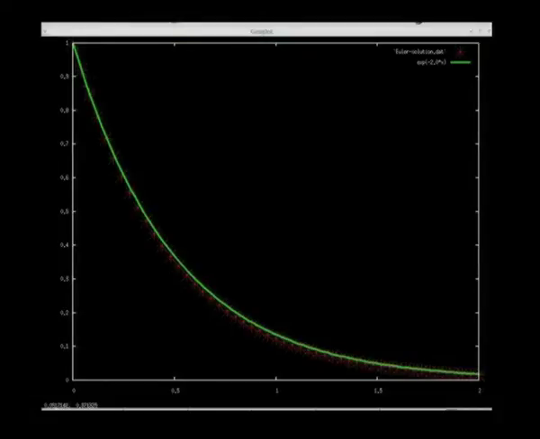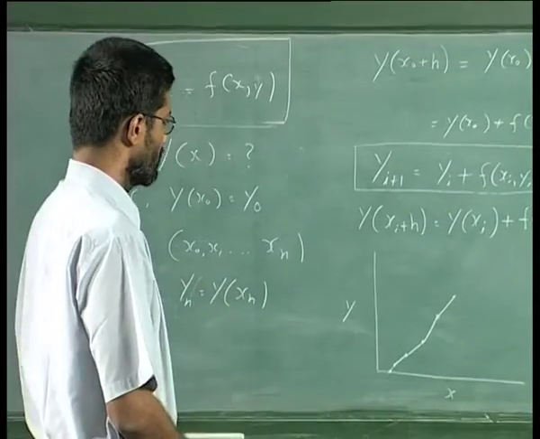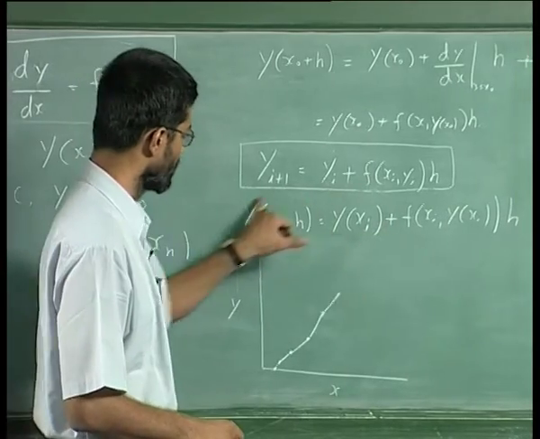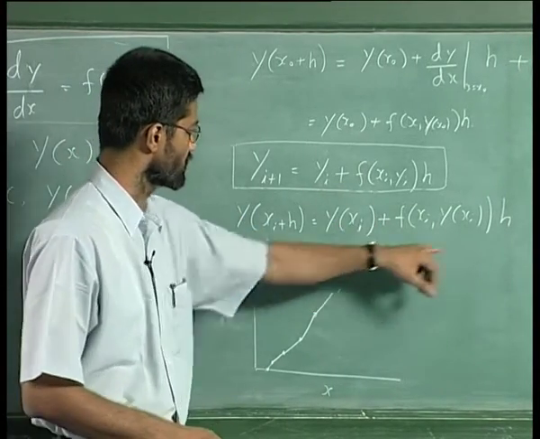So, even though extremely simple, the Euler method is not quite efficient. So we will try to improve this method slightly, devising a scheme around this simple scheme.